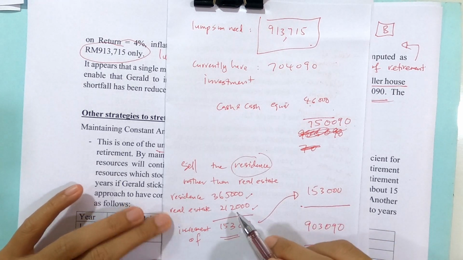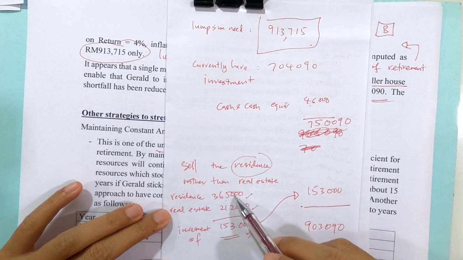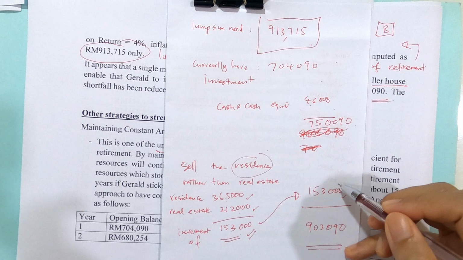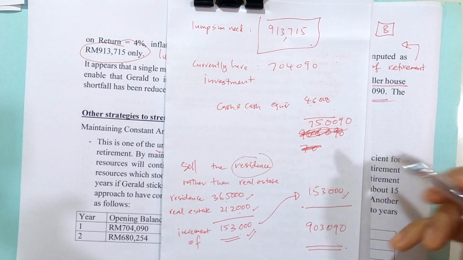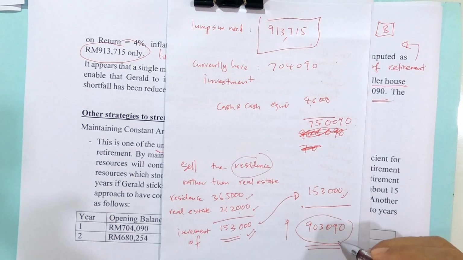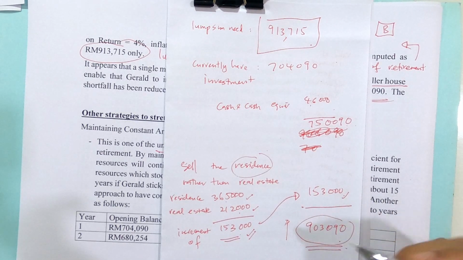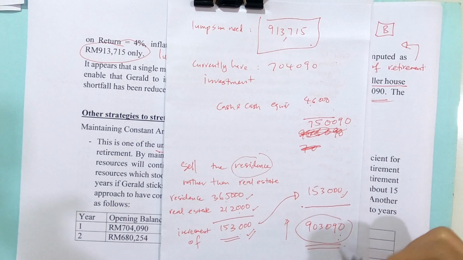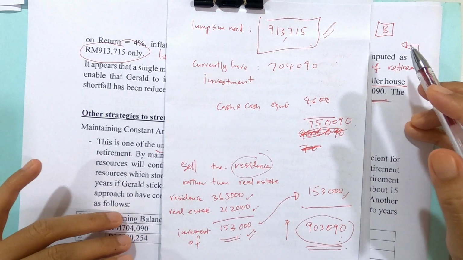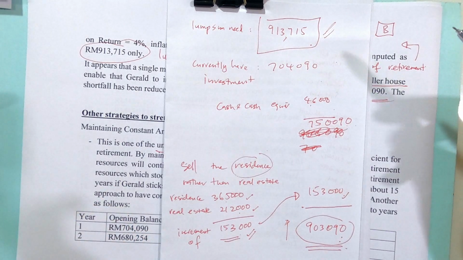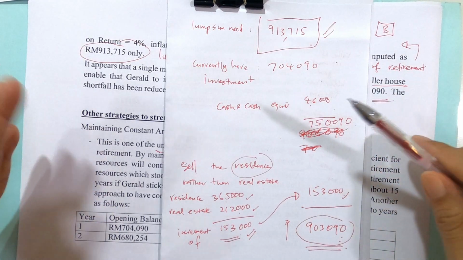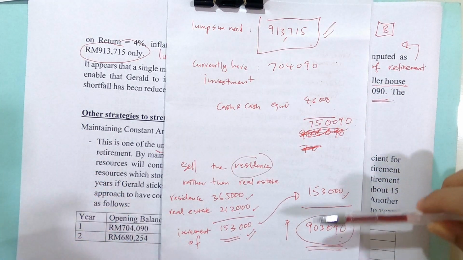Despite selling the real estate, if the client sells the residence, it will increase the fund by 153,000, where we can see that there is a huge increase to the retirement fund. Now it becomes 903090, which is just about 10,000 short of the lump sum need. So by using this strategy, it really can reduce the retirement gap to just 10,000 only.